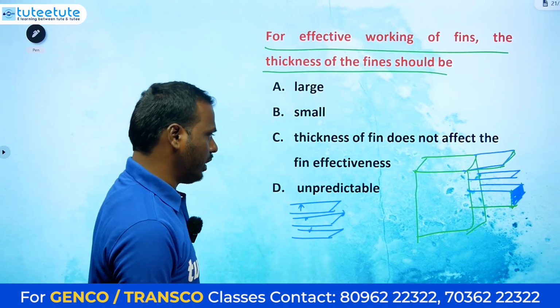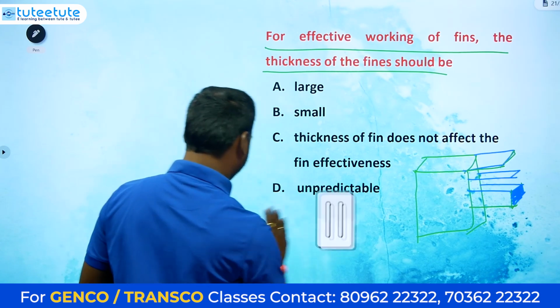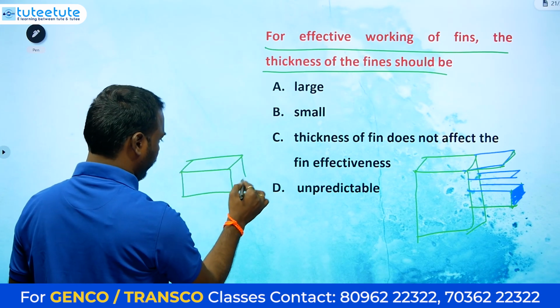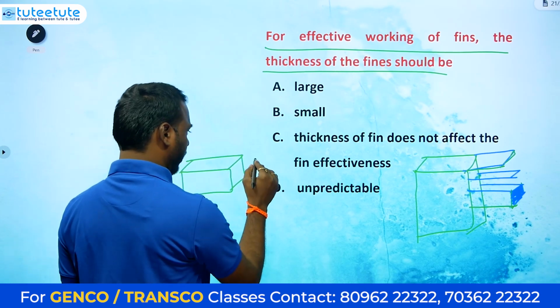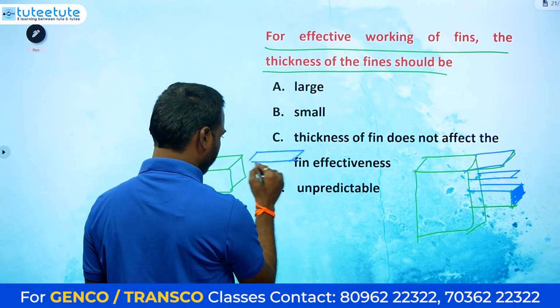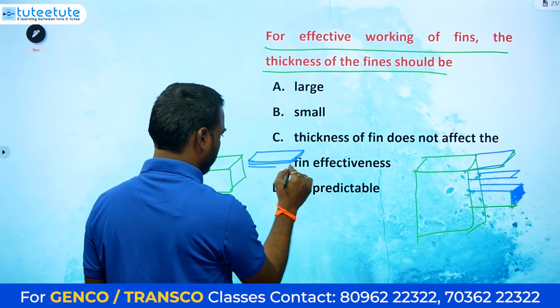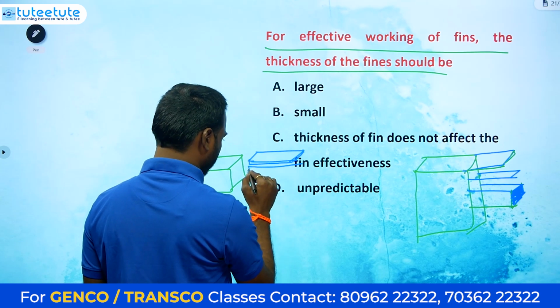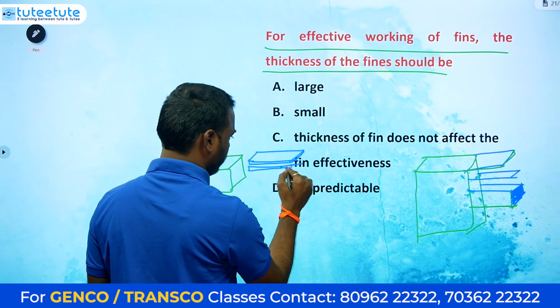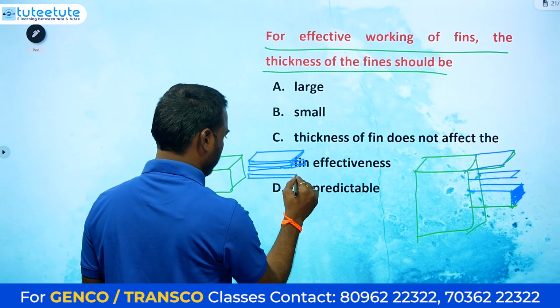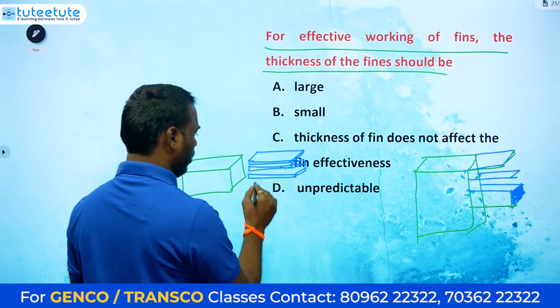Whenever the thickness is large, just a minute, I will show you another concept like this. This is one fin, suppose. But instead of like this, I am taking another fin like this. This is one fin, this is another fin, and this is another fin.